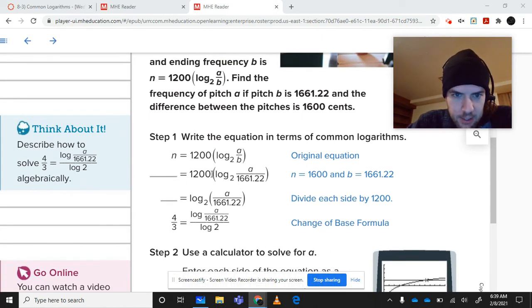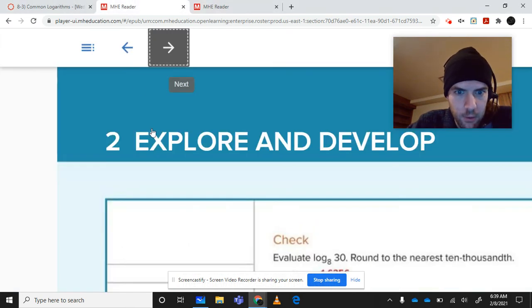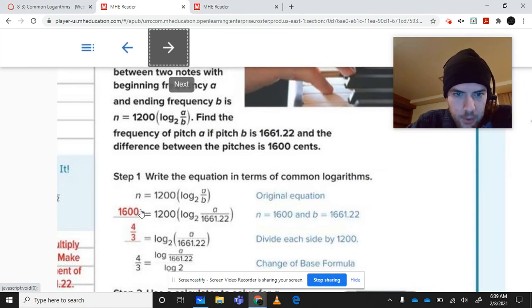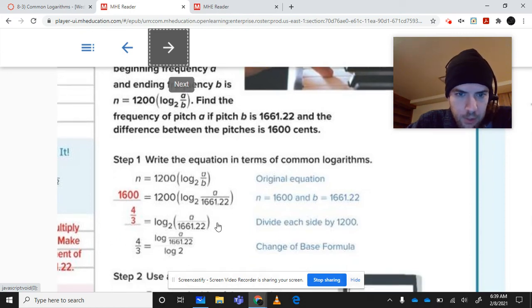At that stage, we'd be able to divide each side by 1200 so that we could just get that by itself. Okay, let's go over to where it actually shows those values plugged in. So we would plug in those two values, 1600 and 1661. We would divide by 1200 on both sides and simplify the fraction on the left. 1600 over 1200 would simplify to 4/3.